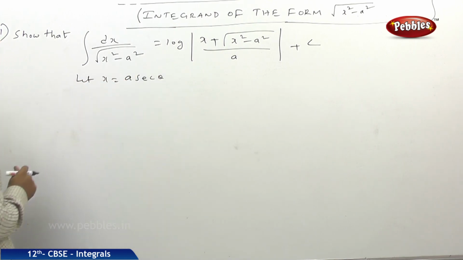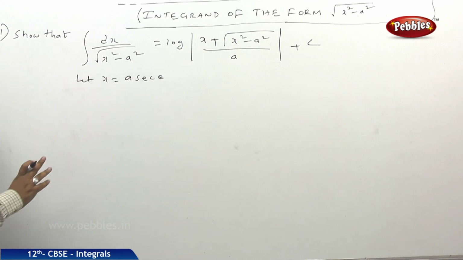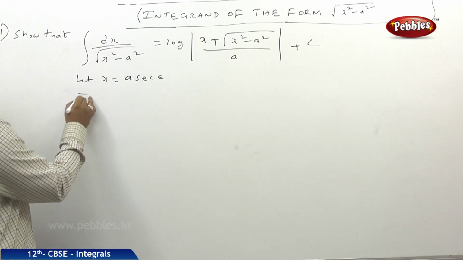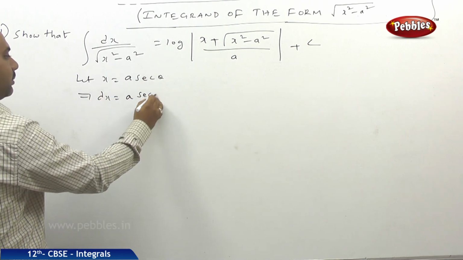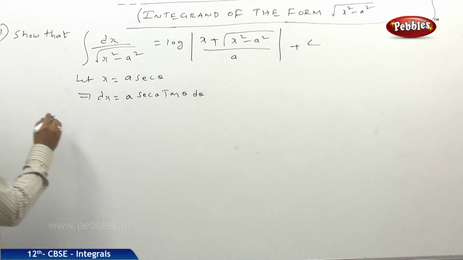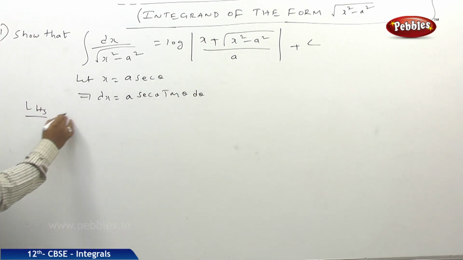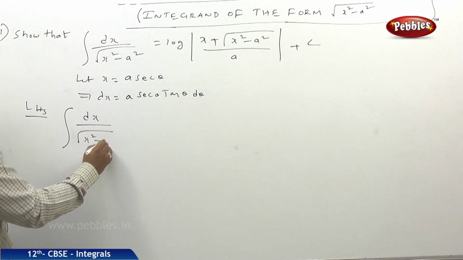Why are we putting x is equal to a secant theta? Because we know that secant square theta minus tan square theta equals 1. So again here dx will turn into a times the derivative of secant theta, which is secant theta tan theta, and here d theta.